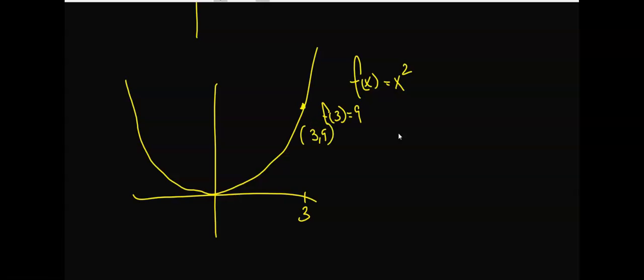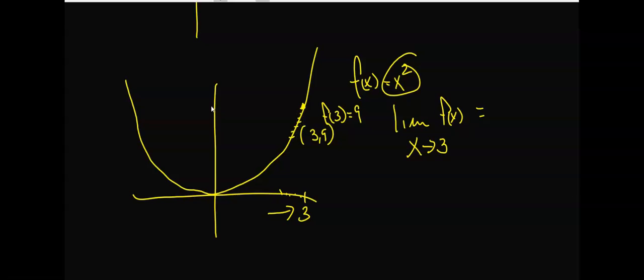But if we ask, what's the limit as x approaches 3 of f of x equals x squared? If we come in from the left, we're going to guess 9, and if we come in from the right, we're going to guess 9 also. So the answer is 9, the same as the value there. So that's easy actually.